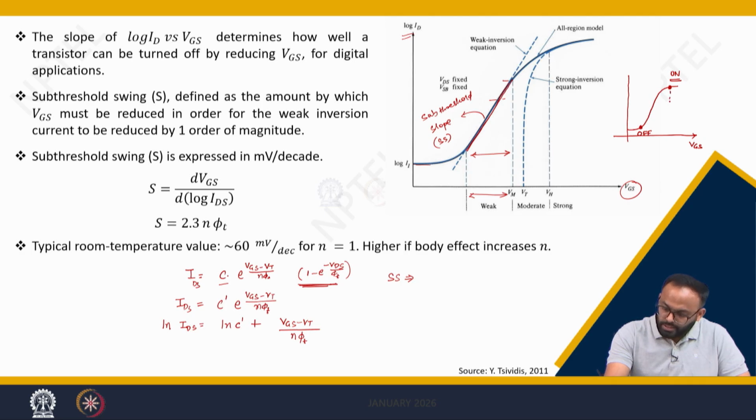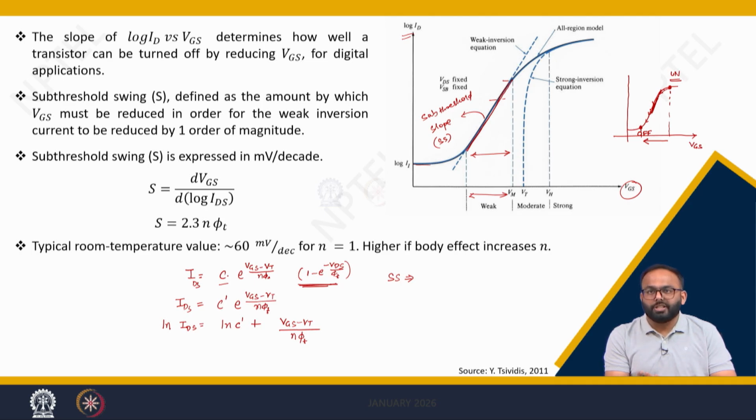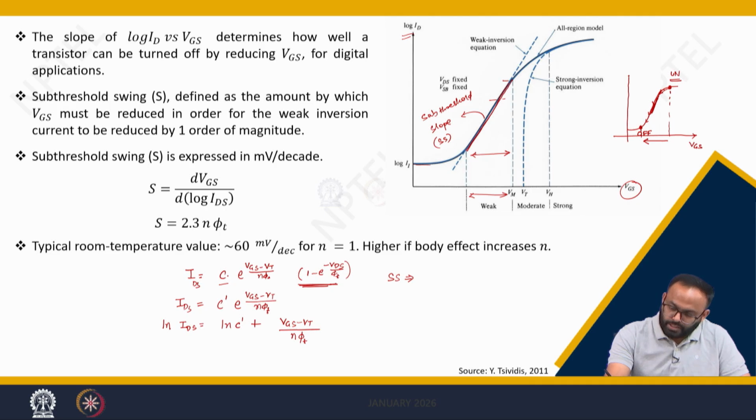What voltage do you need to apply such that you can go from the on state to the off state? That slope decides the turning off condition of your MOSFET, and it is a very important parameter as far as the MOSFET is concerned.